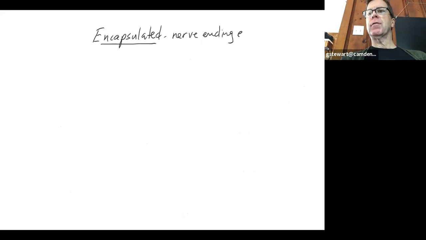So I'm just going to go to a new board, still under number 1, and just write encapsulated. These are also a form of simple receptors. And it just means that the nerve ending is encapsulated in some sort of connective tissue. Has the basic same structure, but it's in this little encapsulation. I'm going to write CONN tissue.